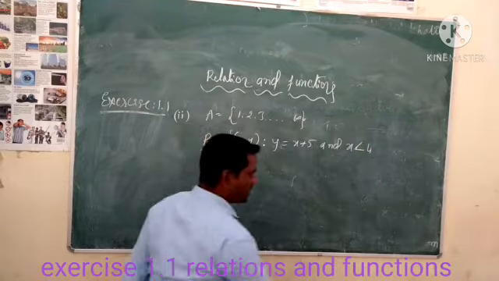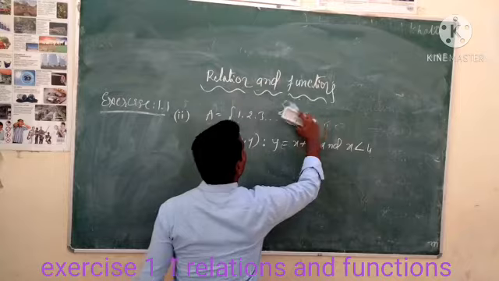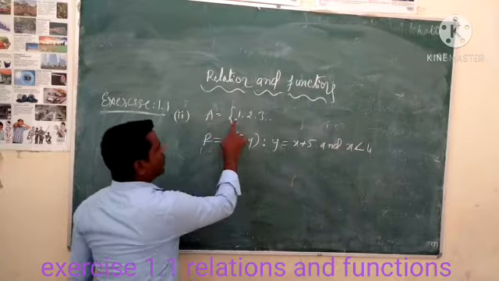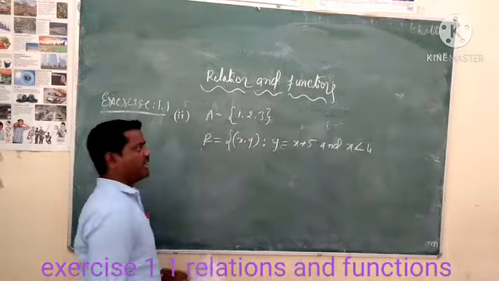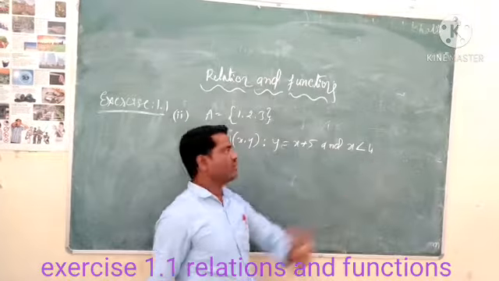Less than 4 means we write only 1, 2, 3 as the elements.